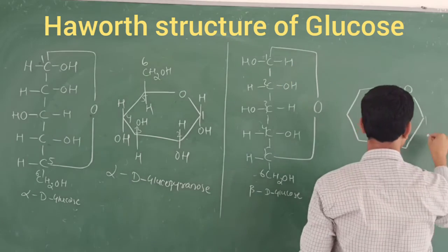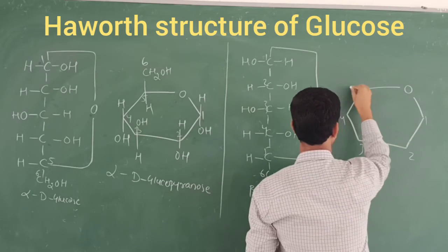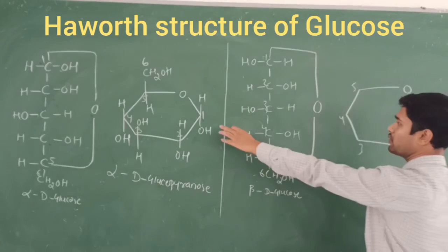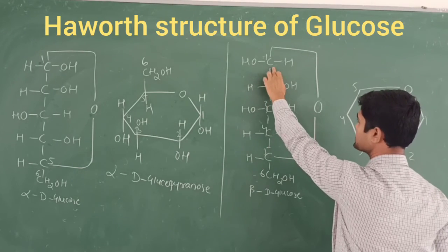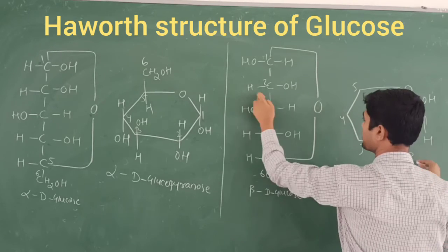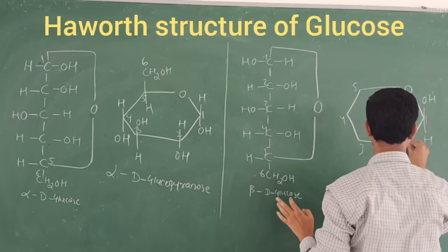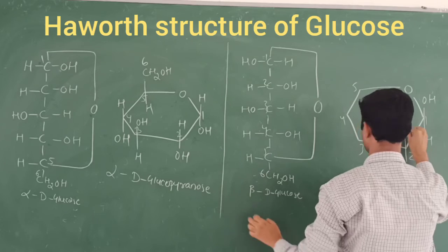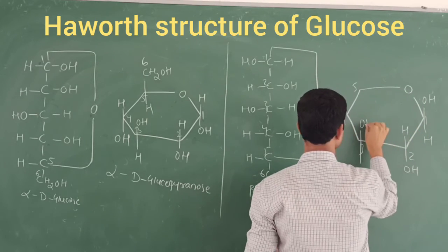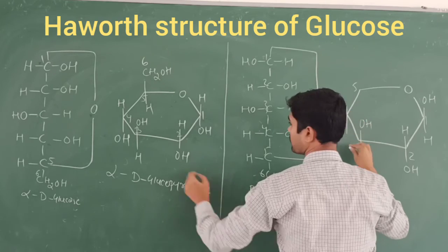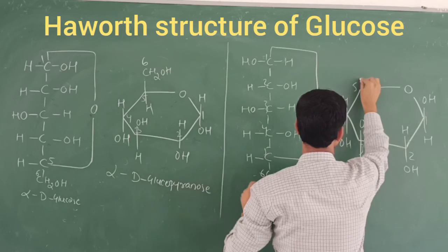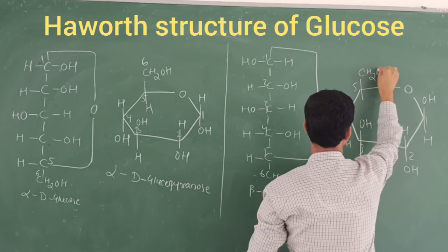Everything is the same as this one, but we change the position: the first position now contains the OH group. Similarly everything else will be the same. Here H, OH, and the fourth position H, OH. The fifth position is the same, CH2OH, H.